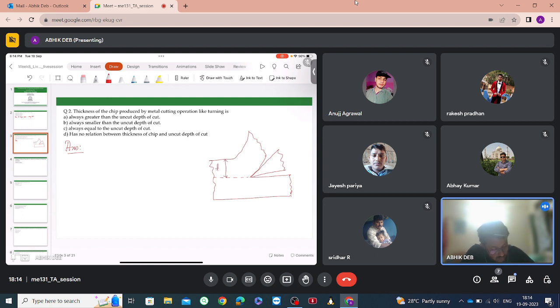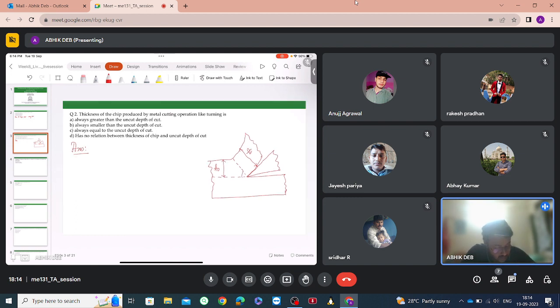So this is the uncut chip thickness, and this is the chip thickness. This is the shear plane along which the shearing takes place. The chip is formed by the shear deformation of the material. So this is the shear plane of length ls.